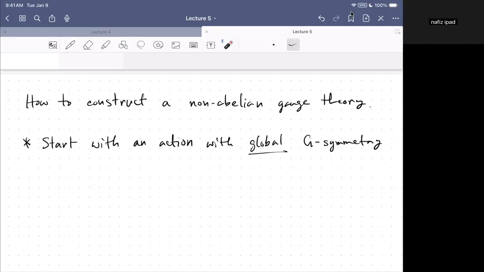And in practice, G can be many different things, but the cases that we are interested in, G will be a compact Lie group. And in particular, for our purposes, you can take it to be U(N). Okay.